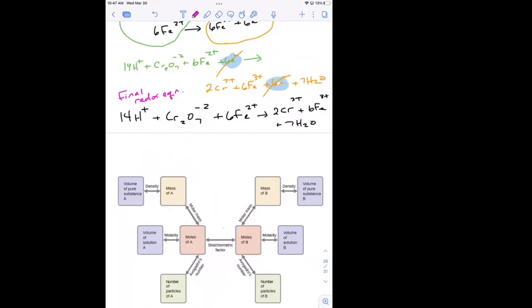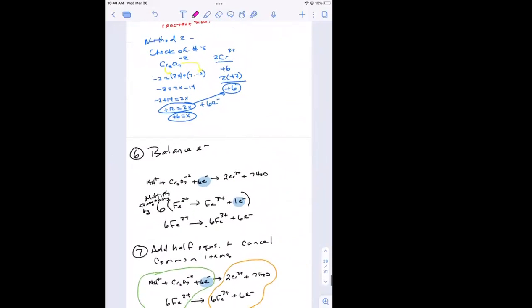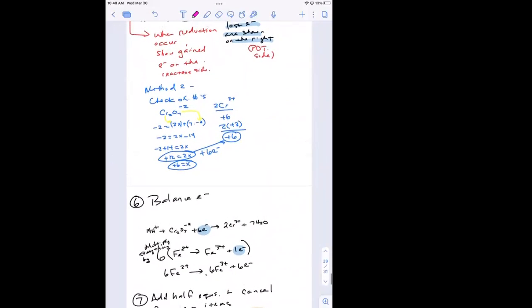But let's go back and ask some questions about this. If we go back to step 5, which one of these is the oxidant and which one is the reductant? Let's go back. I'll come back to that. So we'll leave it. All right.